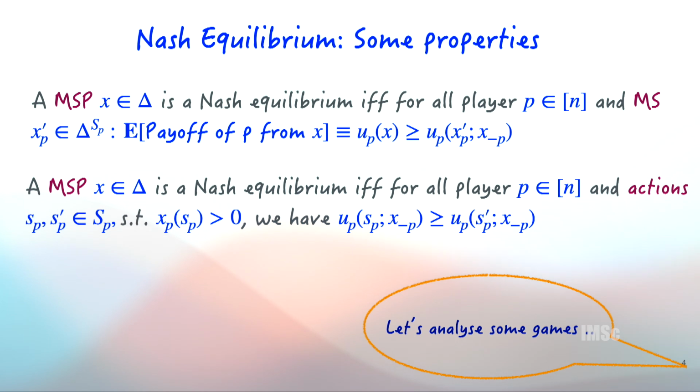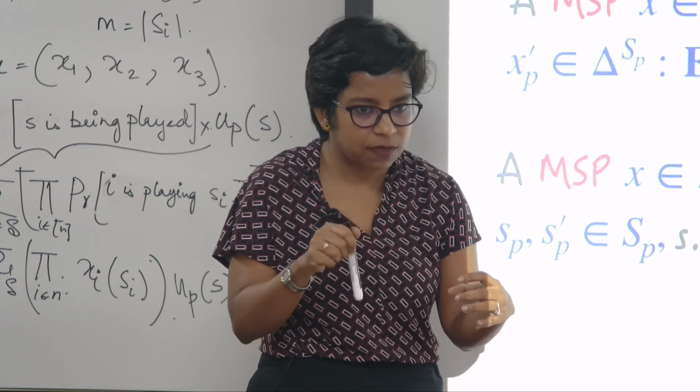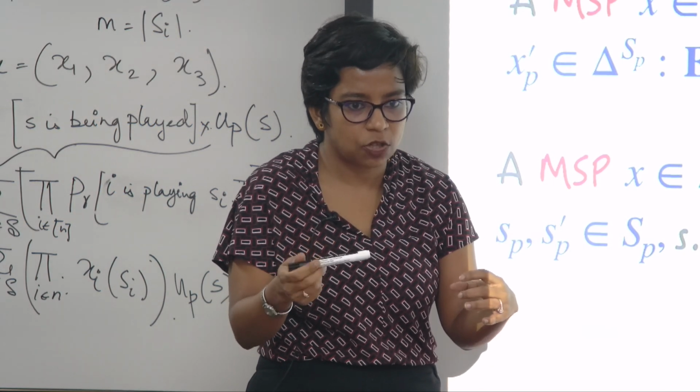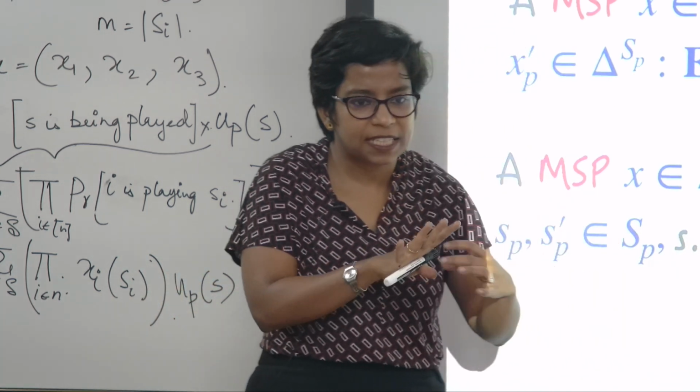Okay, that is probably too confusing. What I am trying to say is, the player basically gains nothing. He was playing the mixed strategy XP. Then he sees the actions where the value is 0, which basically means he is not playing these.